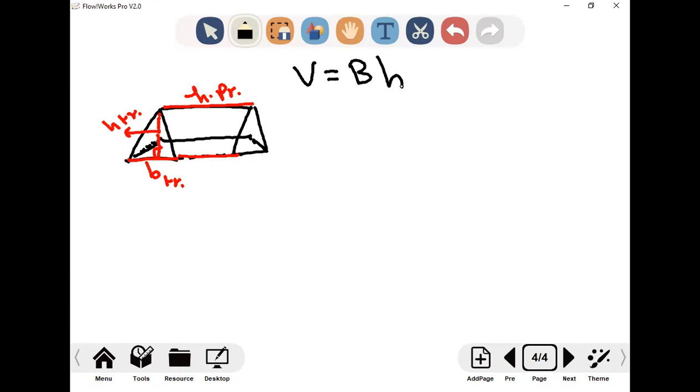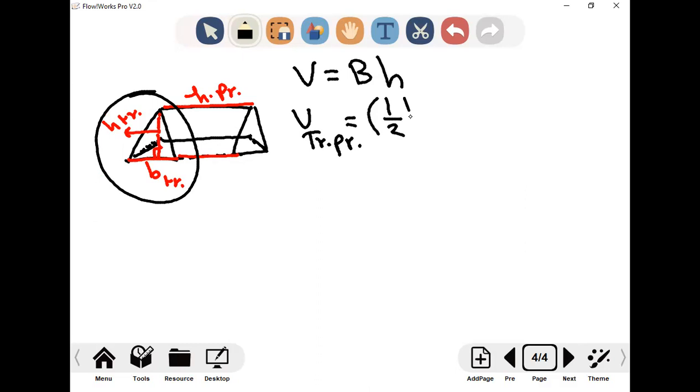طيب. For this one now, the volume for the triangular prism as a special case. Triangular prism. طيب. Volume هذه البي ايش البي هذه؟ الاريا of the base, right? طب ايش البيز عندي انا؟ Triangle. What's the area of the triangle?